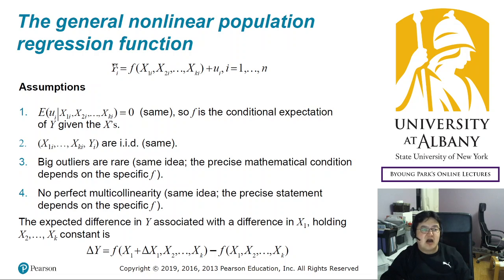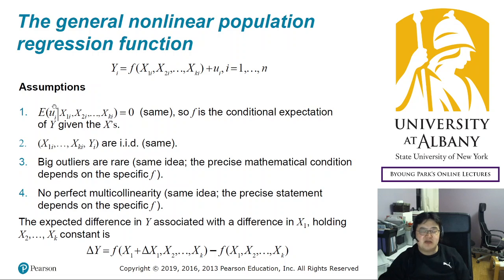Just say the outcome y, say test score, is a function of student-to-teacher ratio, percent of English learners, and household income, plus errors. The relationship in this function is unknown. It may be linear, may be nonlinear.